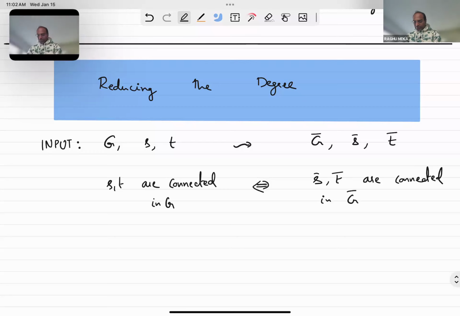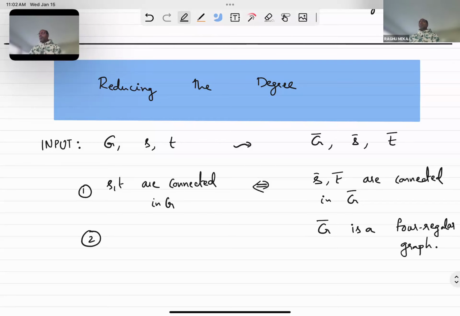Okay, that's number one. And two is that G bar is a 4 regular graph. So every vertex in G bar only has 4 neighbors.